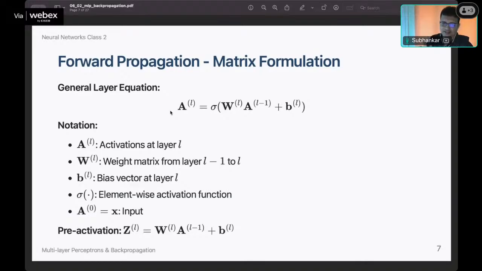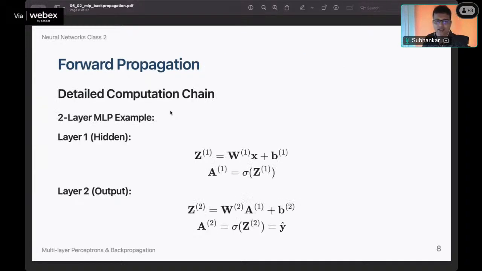Then if I repeat it, A^1 becomes A^2 with the same operations, and so on and so forth. These operations can be repeated for as many layers as you want. I showed you a two-layer example on the figure, but this is again going through the formulations itself.